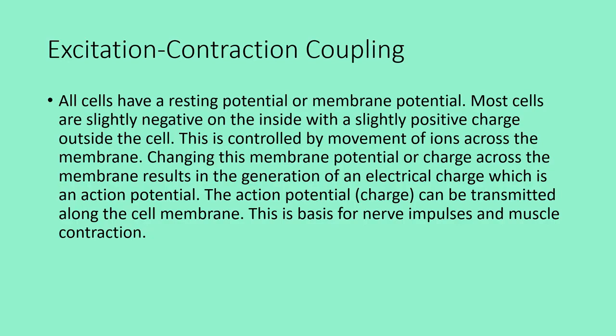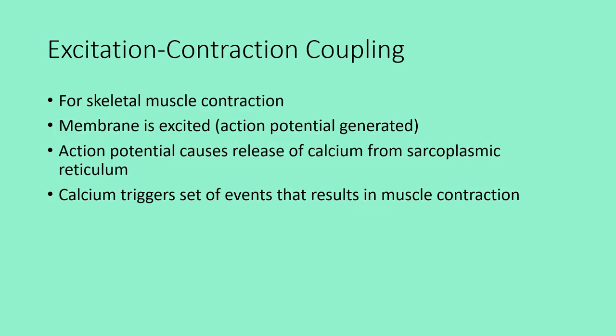You're going to change that electrical charge on the inside. Permanently? No, just temporarily, very quickly. And that's just enough to send that change of charge down the membrane. So this is what we're going to see for skeletal muscle contraction, that the membrane is going to be what we call excited. You're going to generate an action potential.